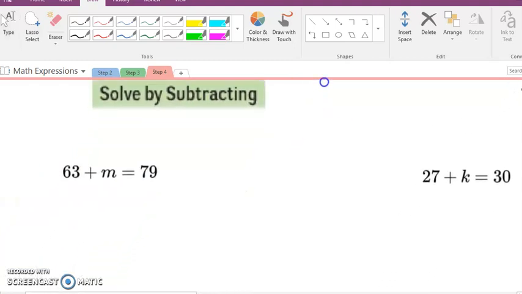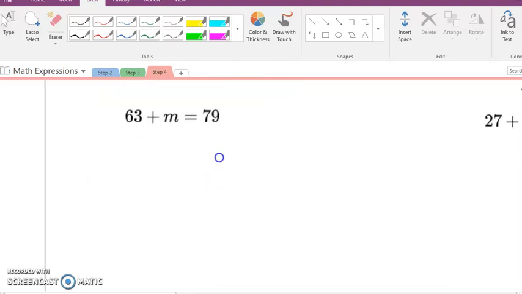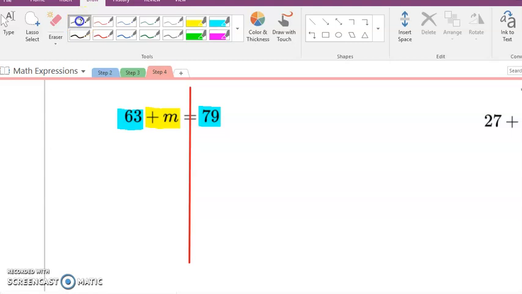Let's look at a different example. Notice this says solve by subtracting. When I look at my variable, m, I also have a 63 and a 79. If I were to simply add 63 on both sides, the 63's would not cancel out. 63 and 63 does not cancel out to a 0.